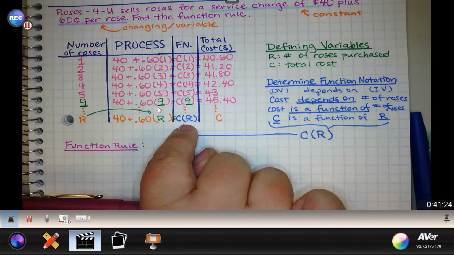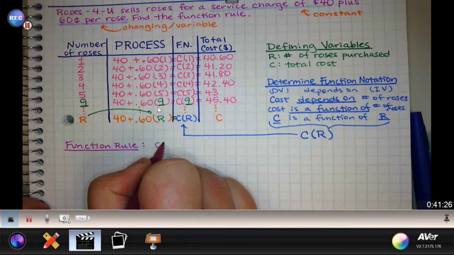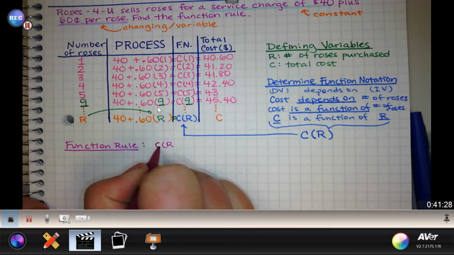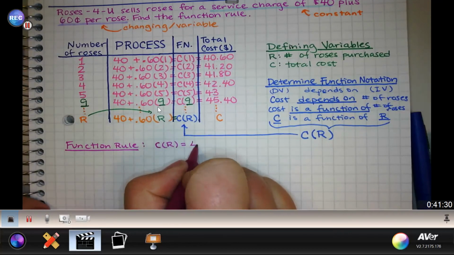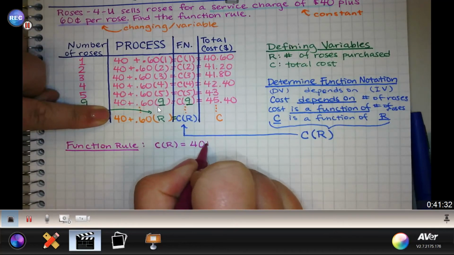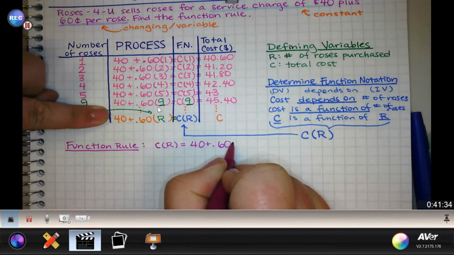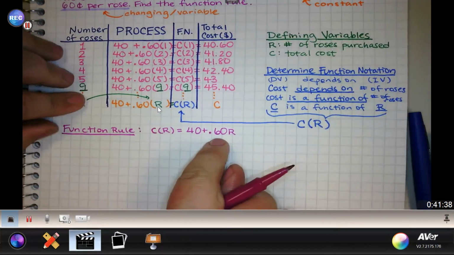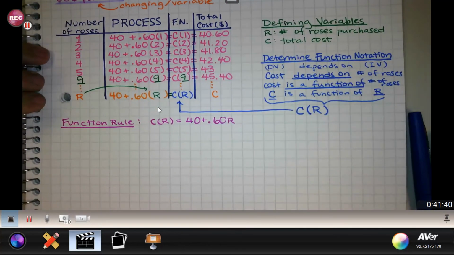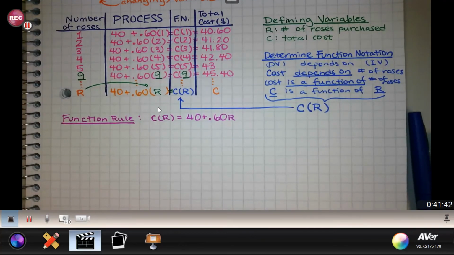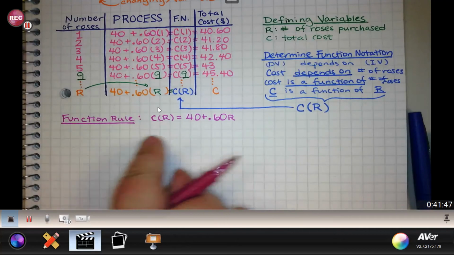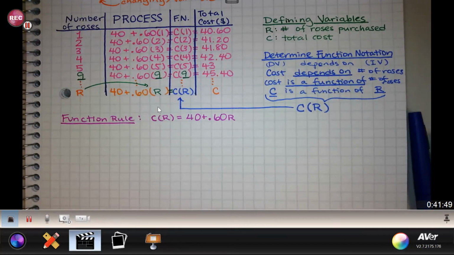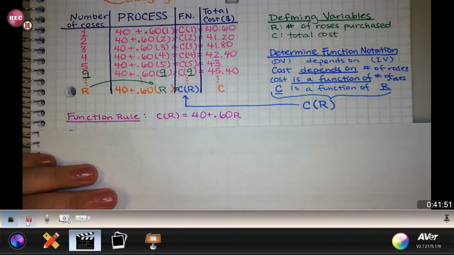So start with the function notation part, C of R equals, and then do the process, 40 plus 0.60R. And notice I dropped the parentheses because you don't need them. If you set a number and a letter right next to each other, it means multiplication. Okay, so we're going to do one more thing real quick, and that's answer some questions using this function rule, and then we're done for these notes.